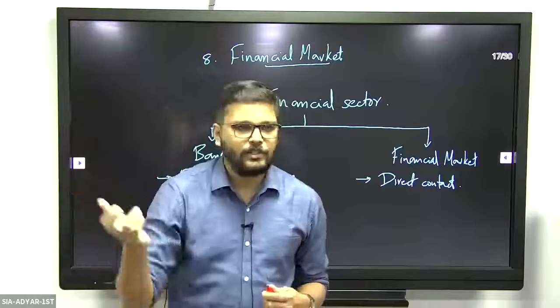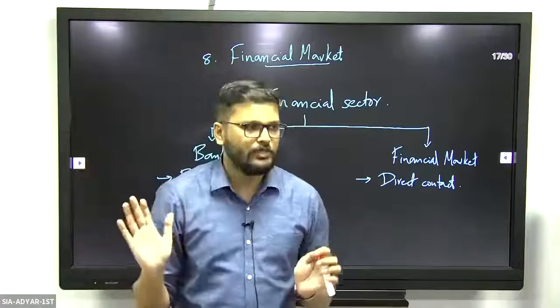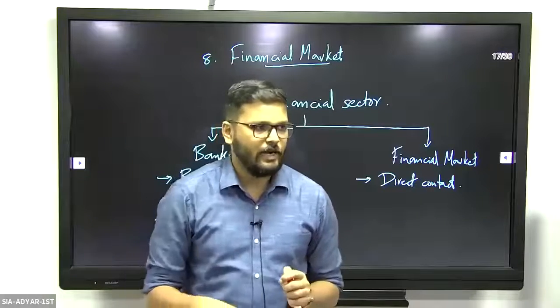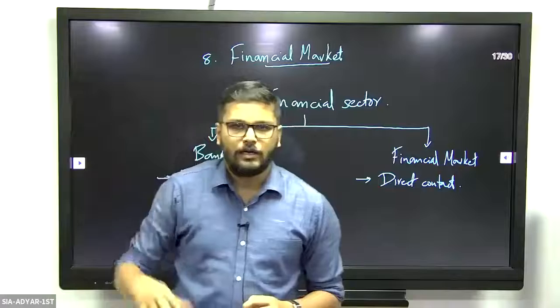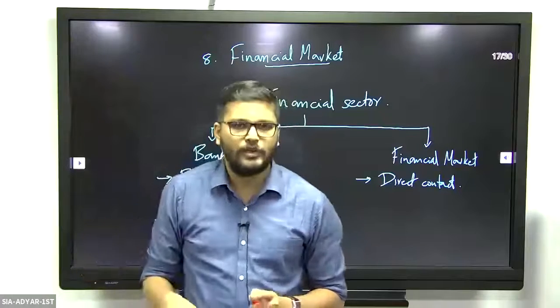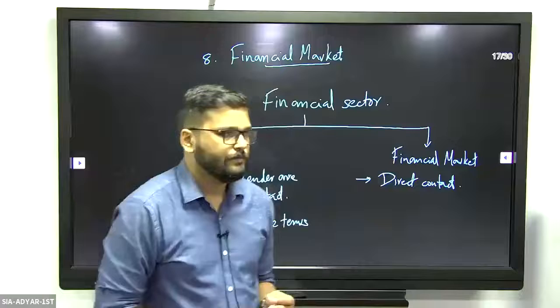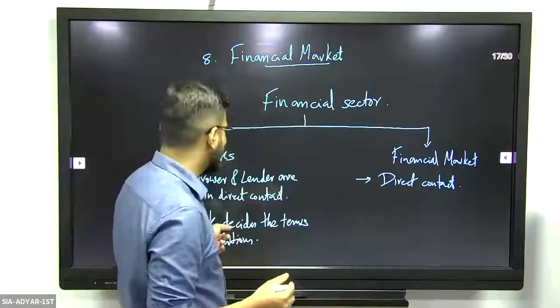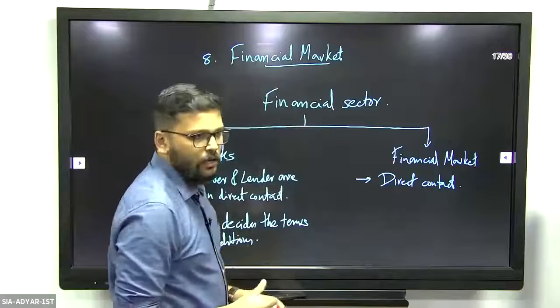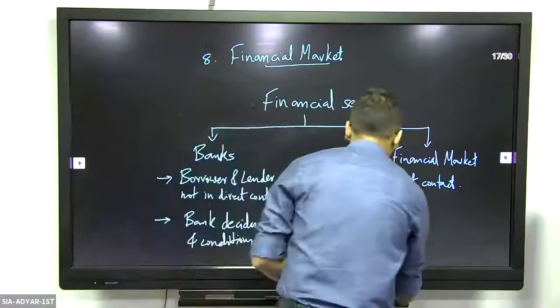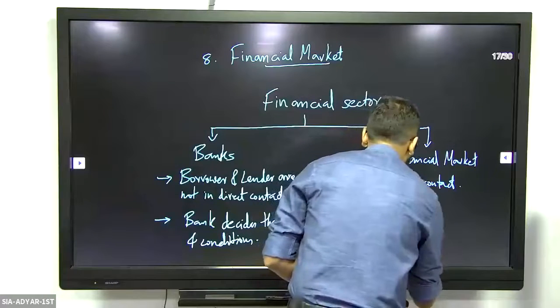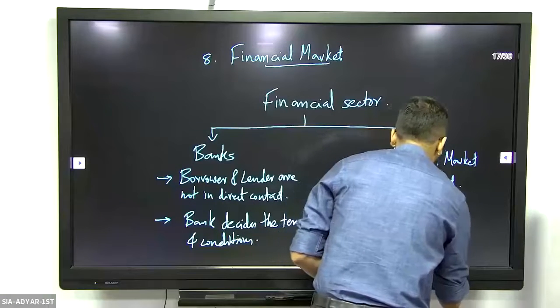Do you decide how much interest you want? No, the bank tells you how much it will give. Someone is borrowing money from the bank. Does that person decide how much he'll pay? No, the bank says this much I want, and if you are interested, I'll give you a loan. So the bank decides the terms and conditions of the transaction, whereas here the borrower decides the terms and conditions.